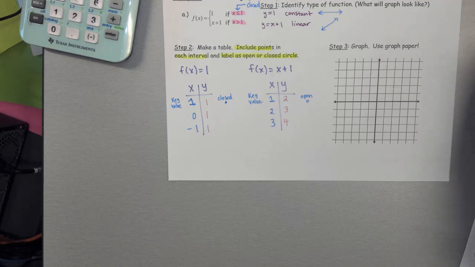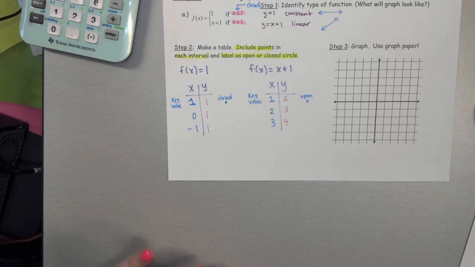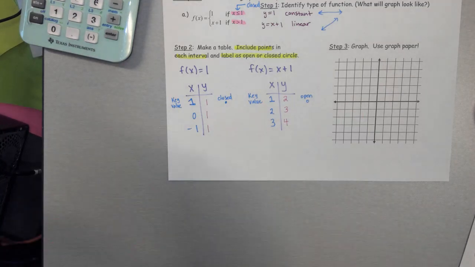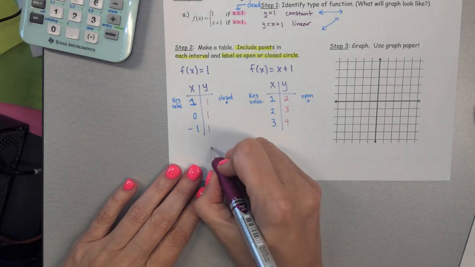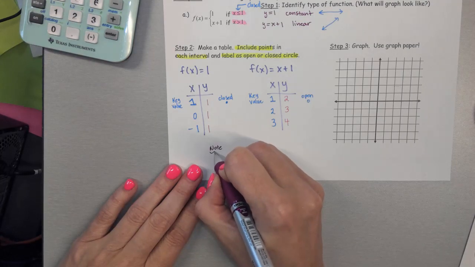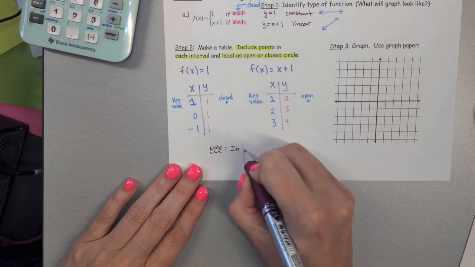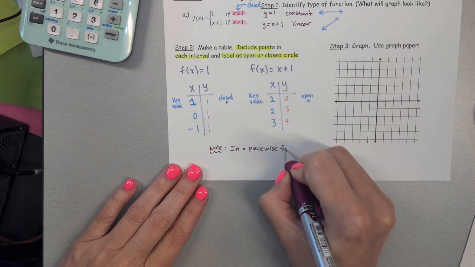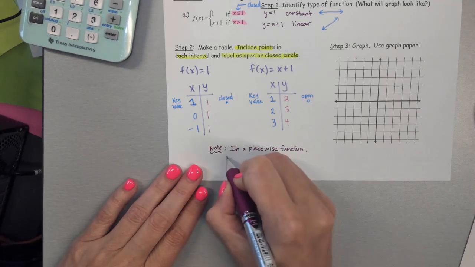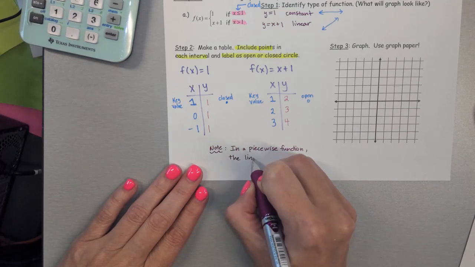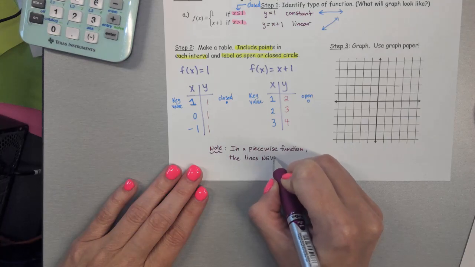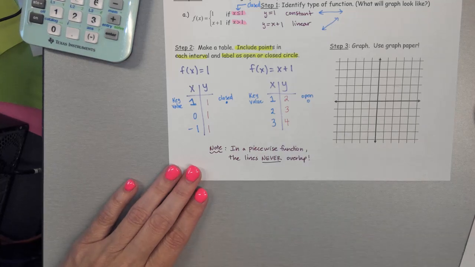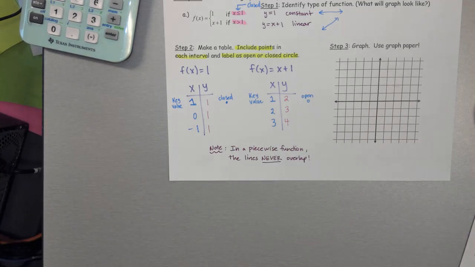When you are graphing, just keep in mind in a piecewise function, the lines are never going to overlap each other. They're never going to crisscross. The lines never overlap, and that's because they're on different intervals.